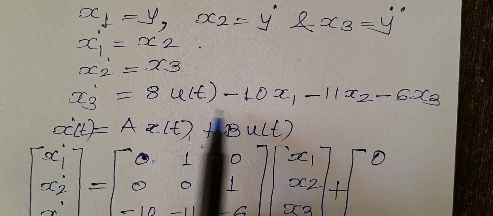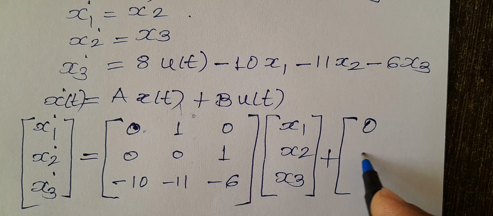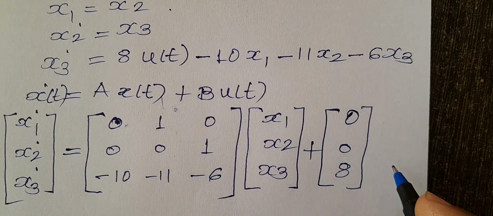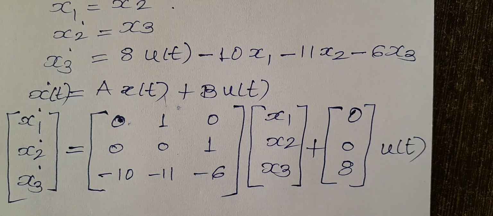We have the input in the third equation, so it is 0, 0, 8 into u of t.